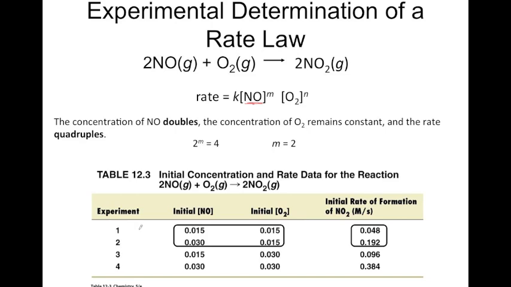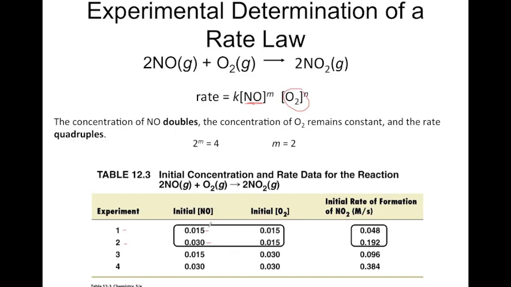In these 2 experiments, we want to hold the concentration of our other reactant, O2, constant, and we want to change the concentration of NO. So if we look at experiment 1 and experiment 2, the concentration of O2 remains constant, but the concentration of NO is doubled from 0.015 to 0.030.